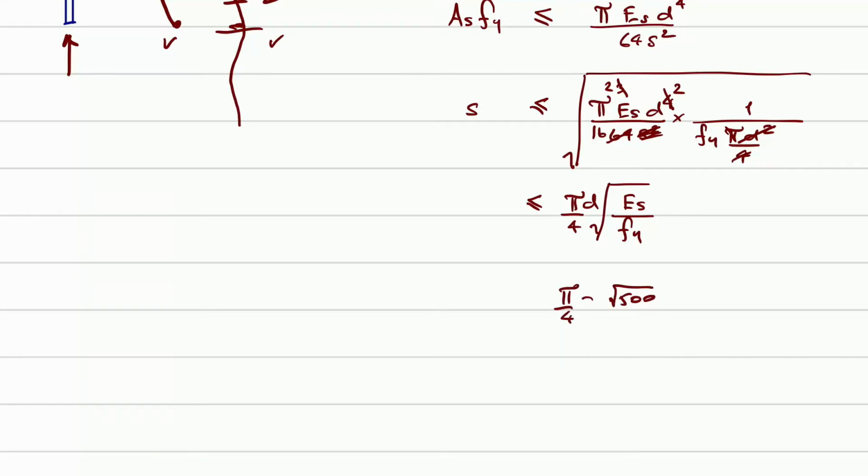Pi over 4 times the d. 500, you get 20, you get 400, right? 22 divided by 4, you get somewhere 5.5. 5.5 multiplied by pi, you get 0.5 d.